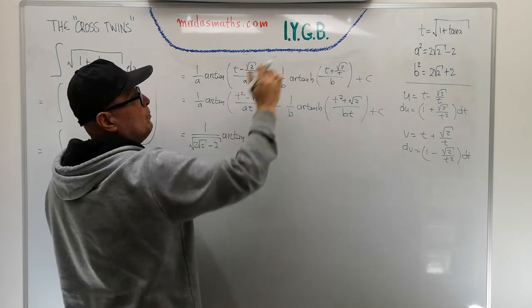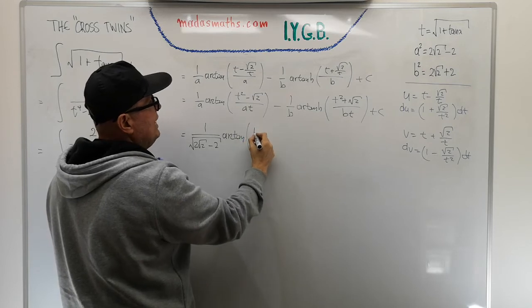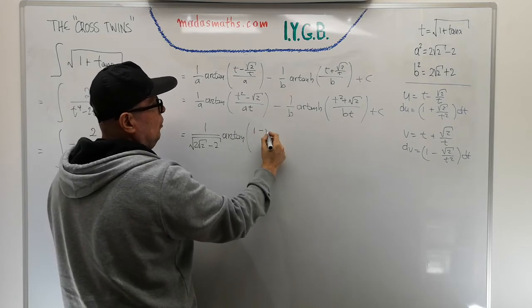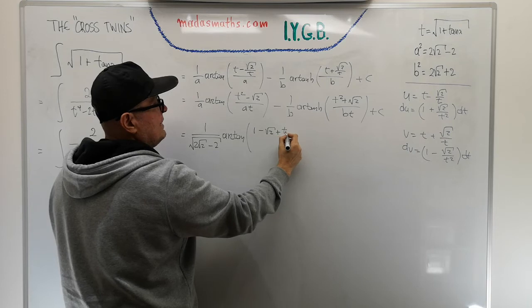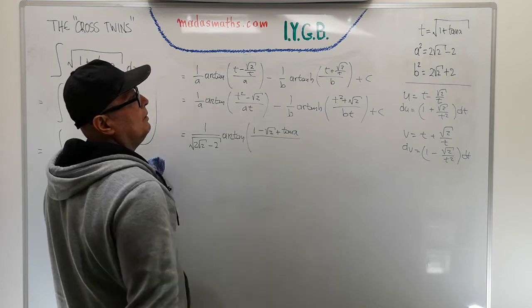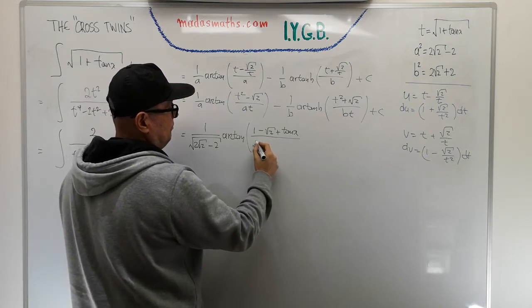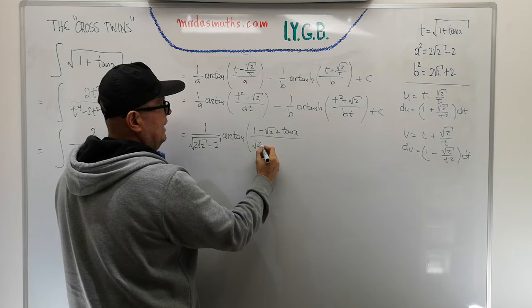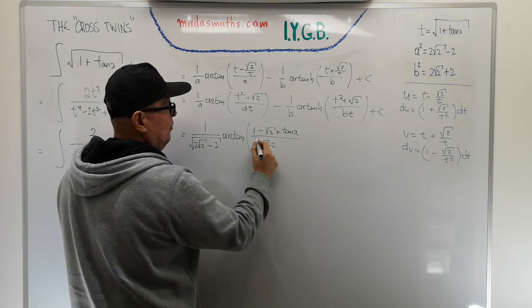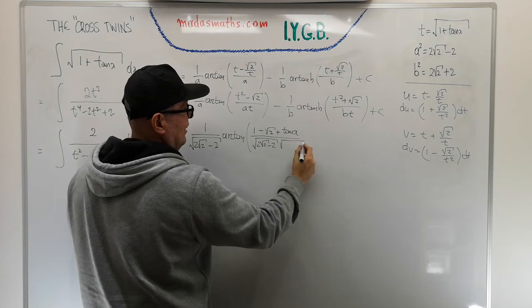I'm going to put the 1 from the 1 plus tan x first, so I'm going to write it as 1, then the minus root 2 plus the tan of x, that's the numerator, and a is going to be the square root of this thing here again, 2 root 2 minus 2, and the t is the square root of 1 plus tan x.